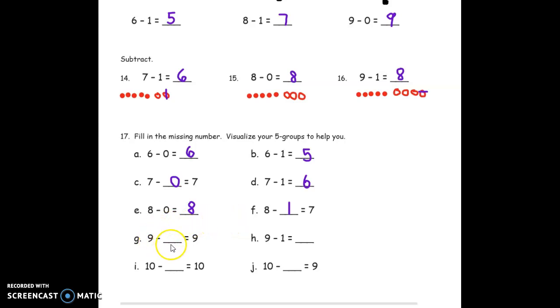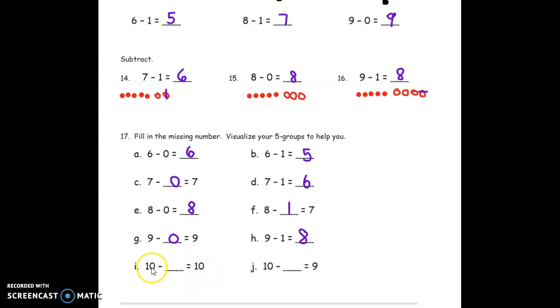9 subtract equals 9. How many do we take away to get 9? We don't take away any. 0. 9 subtract 1. What's one number less than 9? 8. 10 subtract what gives us 10?